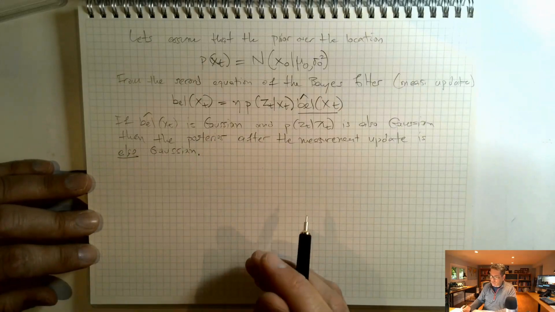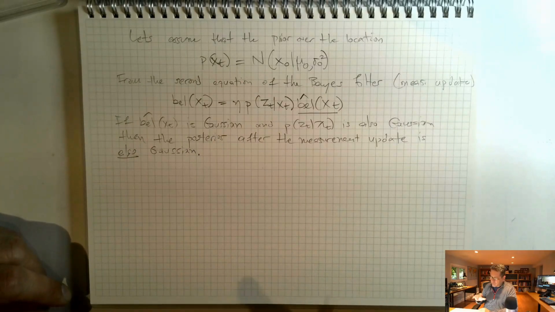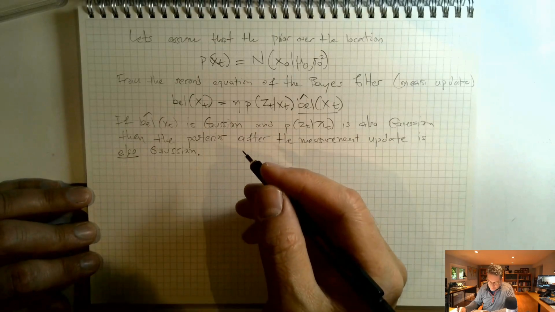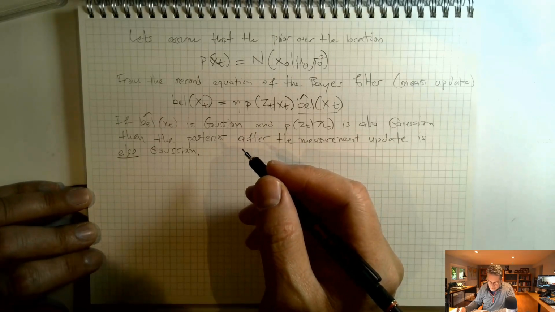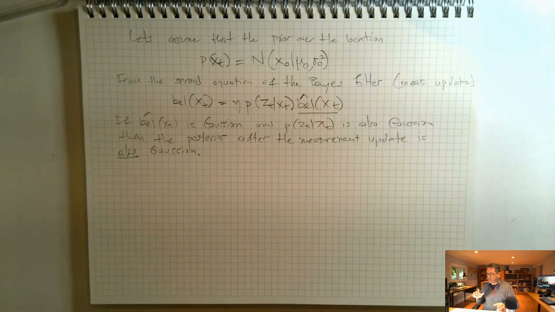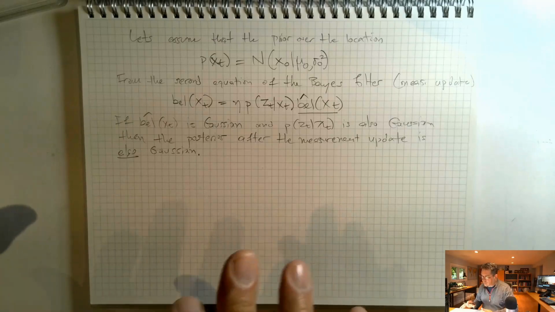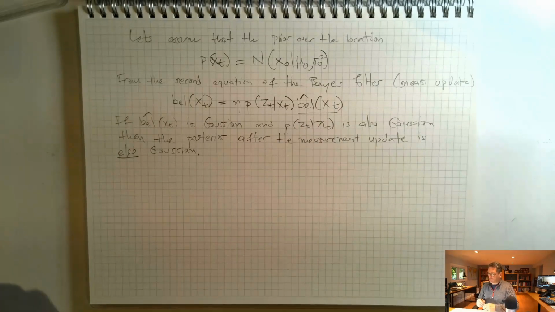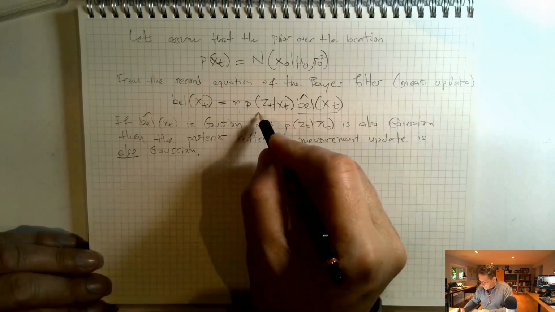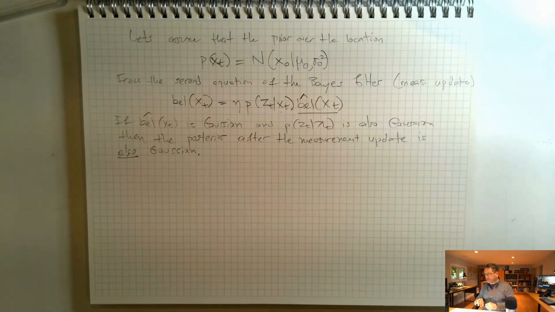And so we'll see now that that's actually an important result. We'll see the curves, how they look in a notebook setting, and understand how the difference between the prior information, which is the belief hat, and the measurement matters. The belief hat is the state of affairs after the kinematic movement.